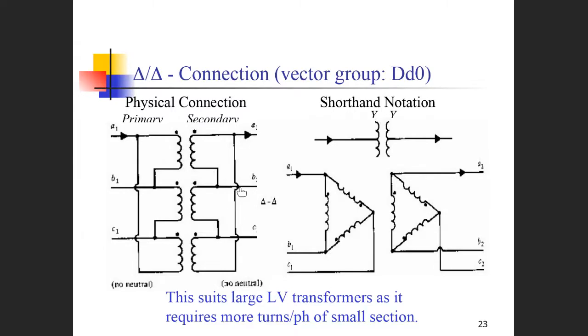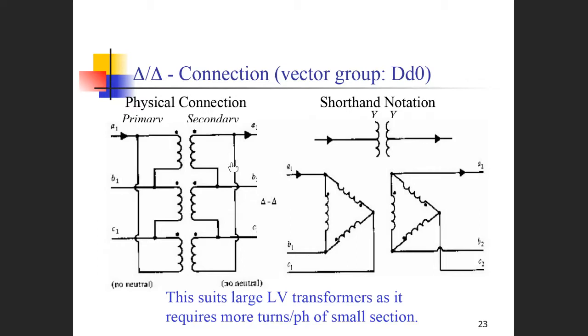You can check one by one that the ending points of A1 are connected to the starting points of B1, and the ending points of B1 to the starting points of C1, and the ending points of C1 to the starting points of A1, just like a circle. So that's what we draw here.